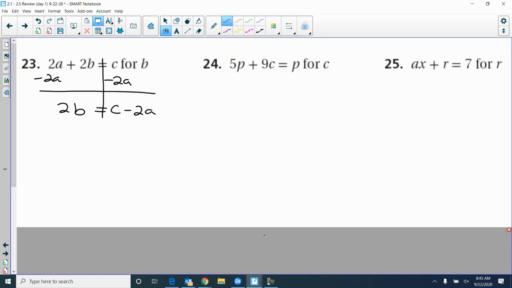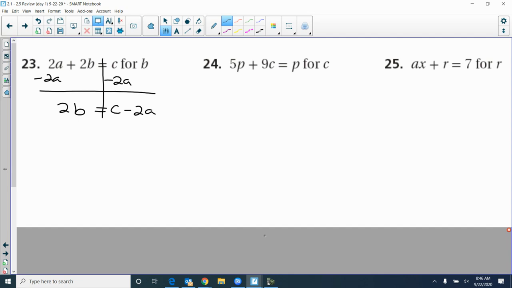No, what are we trying to get by itself? B. What's the only thing on the left-hand side that's with it? The 2. Got to get rid of the 2. Since the 2 and the B are right next to each other, they multiply, and the inverse of multiplication is division.